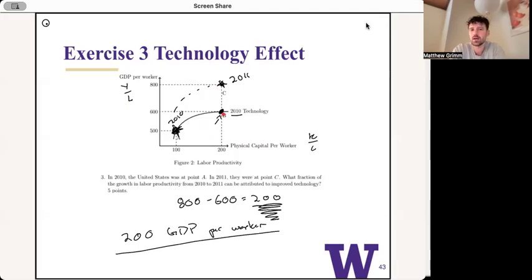If we had the same technology, we can estimate we'd be at point B. And so the difference between point C and point B in terms of GDP per worker is 800 minus 600, which gives you 200. And that is all that we have for today.